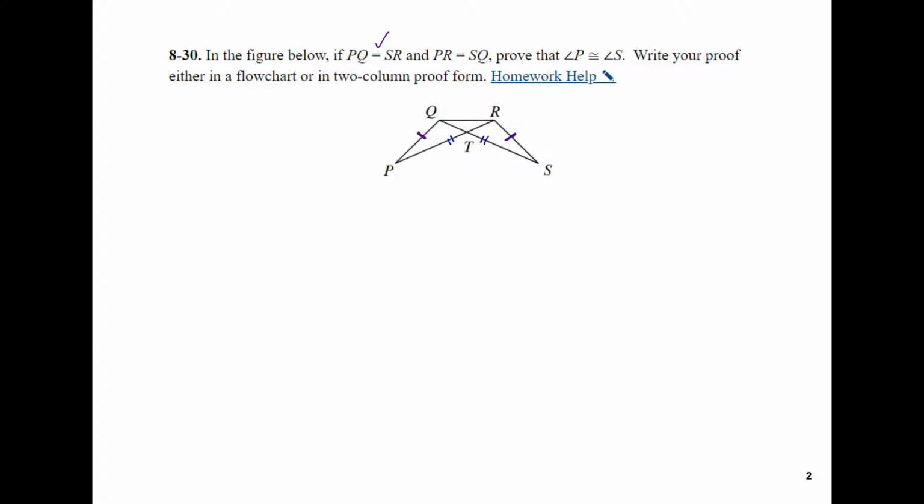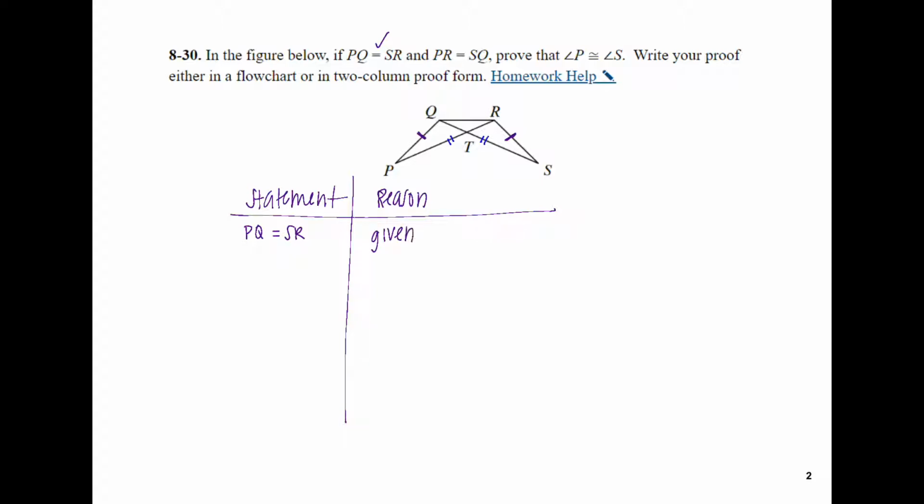The first statement that we have is the fact that we were told PQ is equal to SR. And when we write our reason, we know that that was given to us. The second thing that we know is that PR is equal to QS, and that also was given to us.